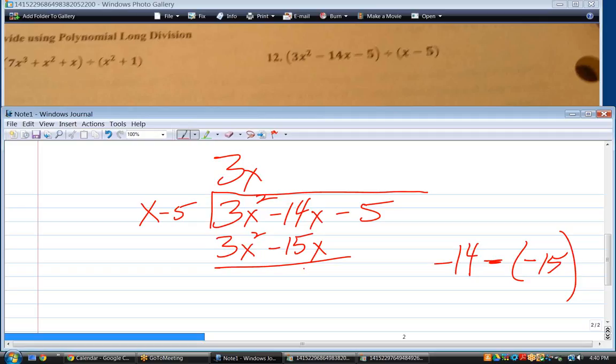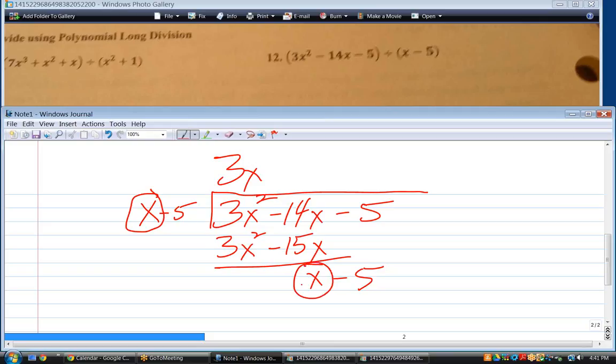Okay. 1x, or just x. Bring down the 5. Now what? Now you just multiply by 1. 1 would be up top. Well, yeah, you divide that into that, which is plus 1, and that's what you write there.